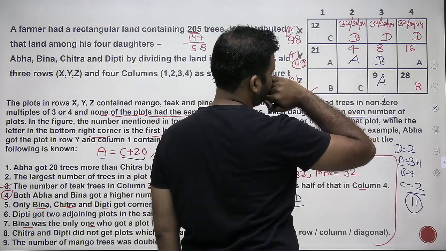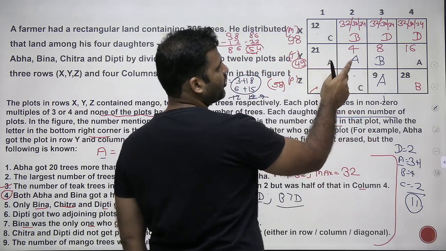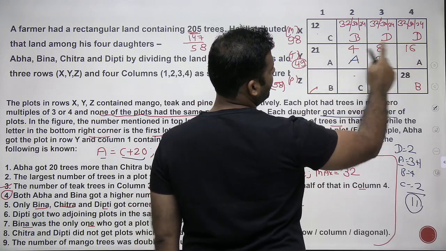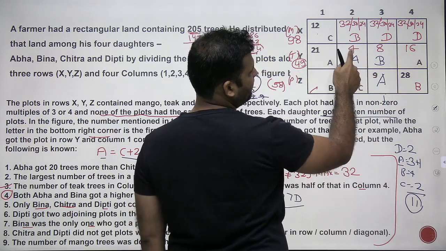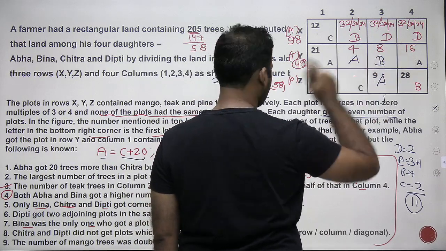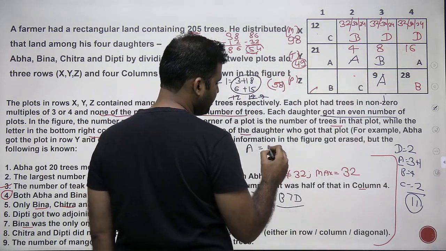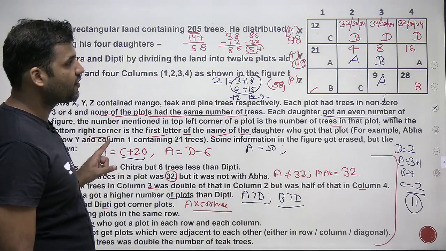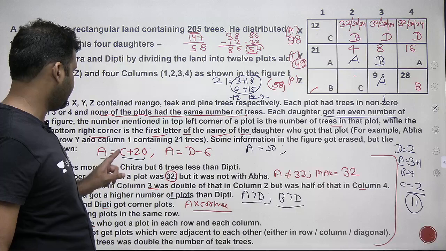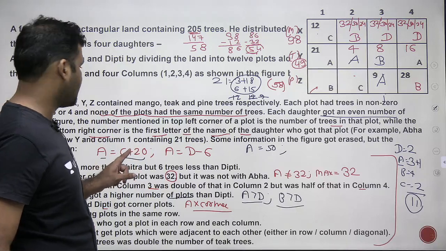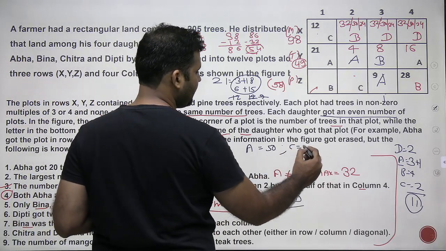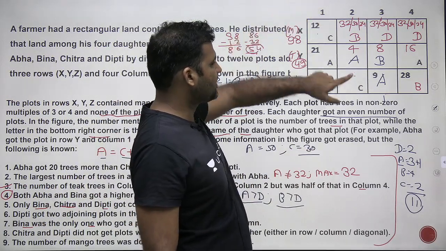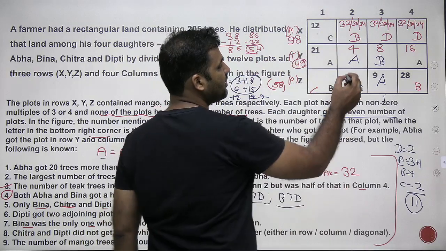We can see that the number of plots with Abha at this point is 21 plus 4, 25, 25 plus 9, 34, 34 plus 16 would be 50. So Abha has got 50 trees at this point of time, which is 20 more than C. So can I say C must be getting 30? Now if C is getting 30, 12 is here. That means this plot must have 18 trees.